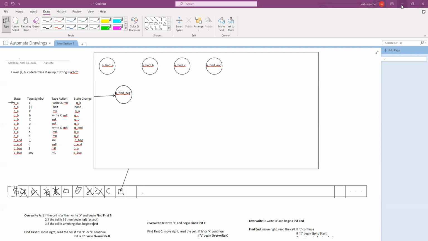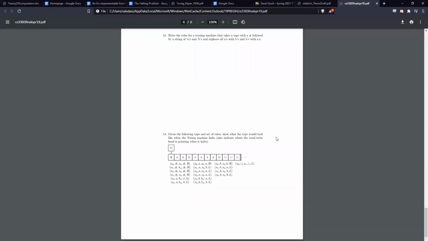Can you see the screen? Oh, you can't. Yeah, I didn't hit the share button. How about now? Yes. All right, so this is both ways of the question. This is draw one, and this is tell me what would happen.